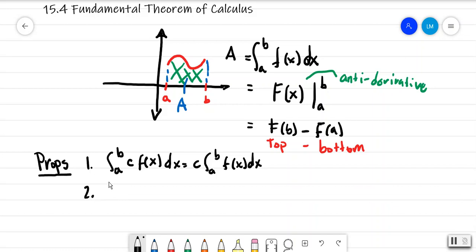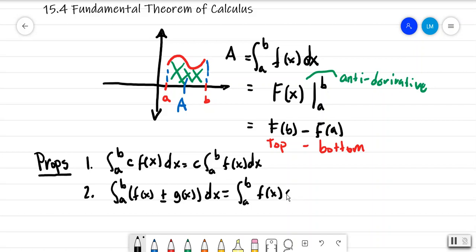The other property is that if we integrate from a to b of f of x plus or minus g of x dx, this is equal to the integral of f of x dx plus or minus the integral from a to b of g of x.